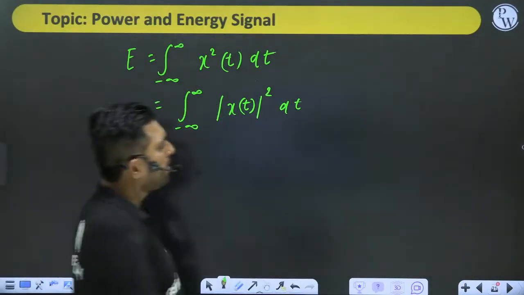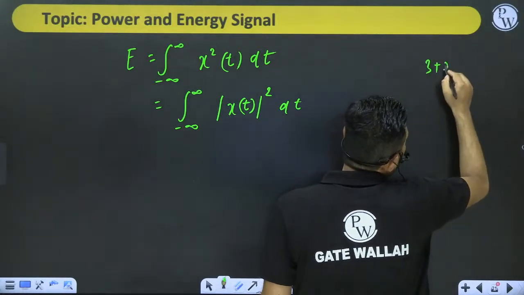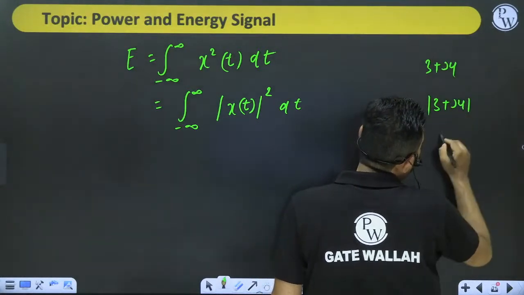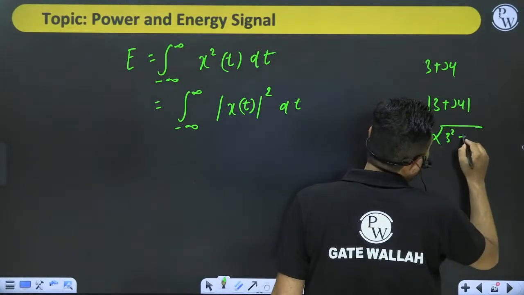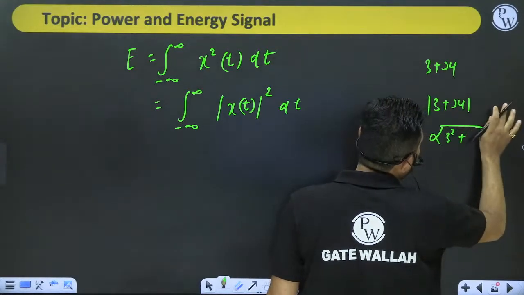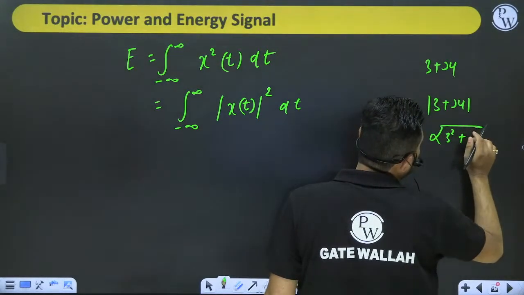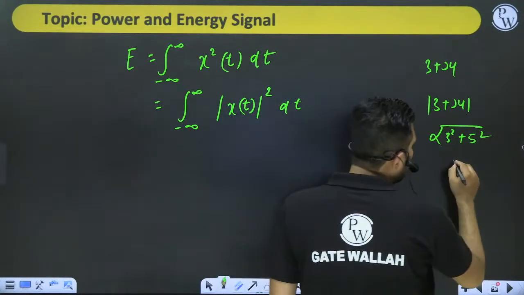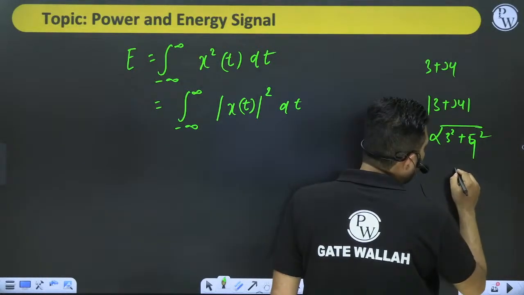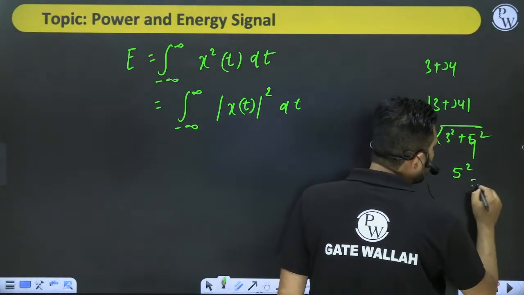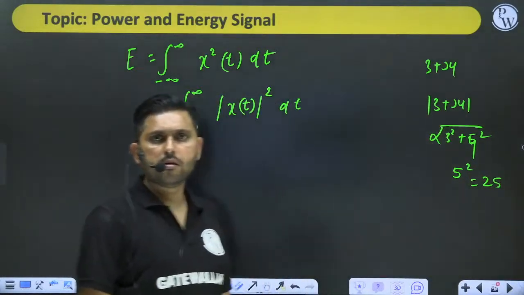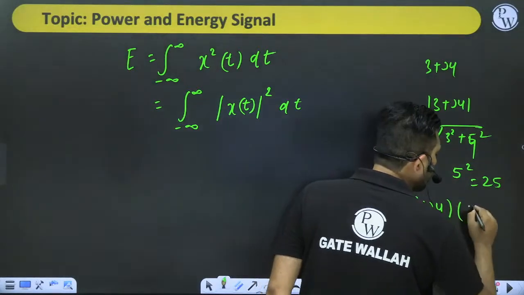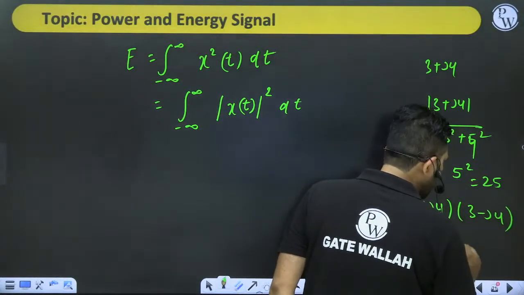For example, if you have 3 plus j4, its mod is what? It is root of 3 square plus 4 square. Yes or no? And it comes out to be 5, and when you take the square of 5, it is 25. It is exactly the same as 3 plus j4 multiplied by 3 minus j4, which I just told you comes out to be 25.